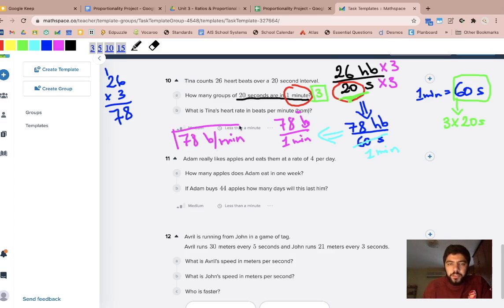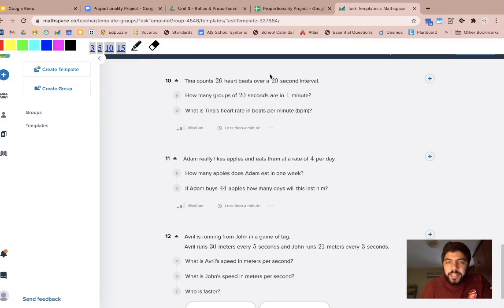Okay, so now we were given the rate in seconds, but we were able to convert it to minutes. Another way to do this, let me clear this out, is by getting the beats per second rate. So we have 26 over 20. We said this is beats and this is seconds.